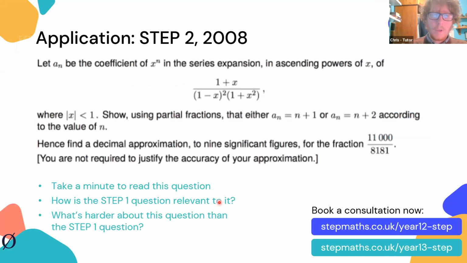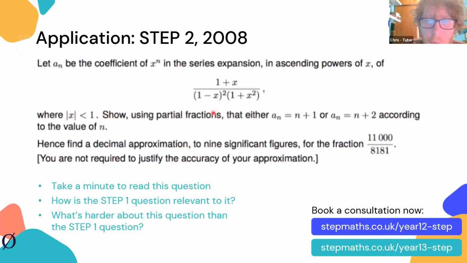I'll read this very quickly and you can think about the same thing. This one's maybe not quite as similar, but there's some connection. So now we're told that an is the coefficient of x to the n in the series expansion of this fraction, 1 plus x over (1 minus x) all squared times (1 plus x squared), where mod x is less than 1.